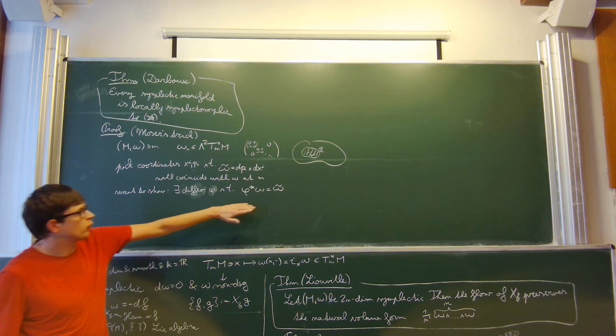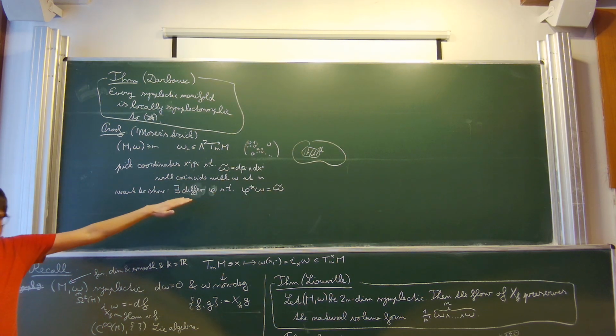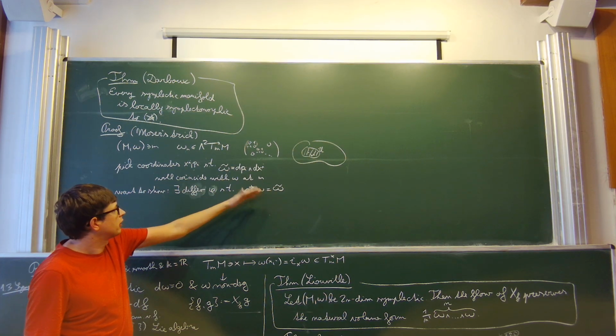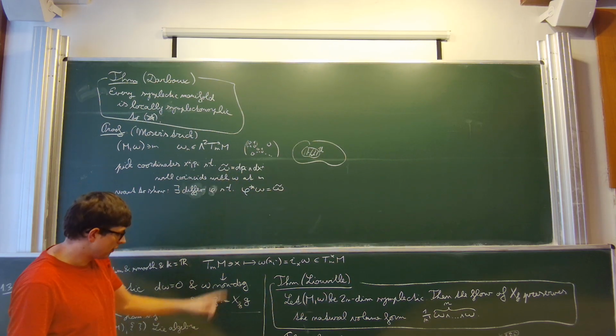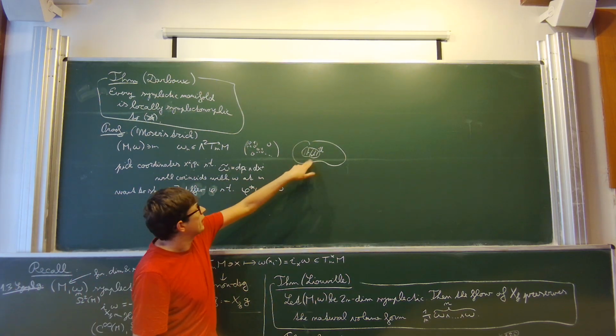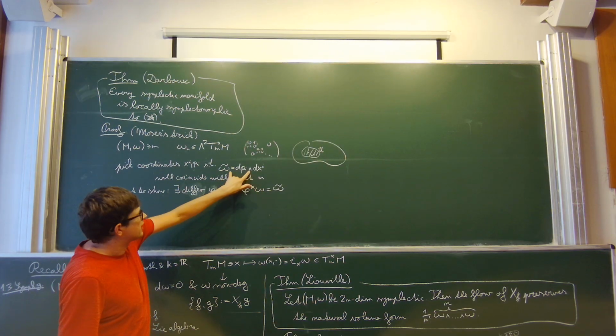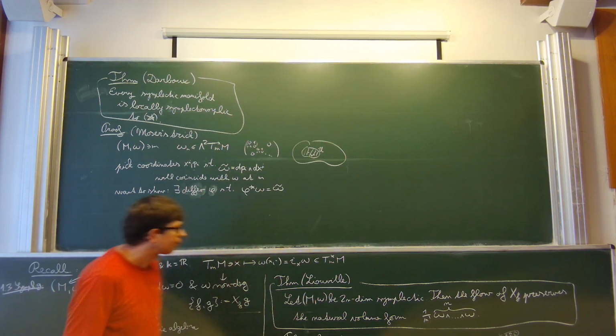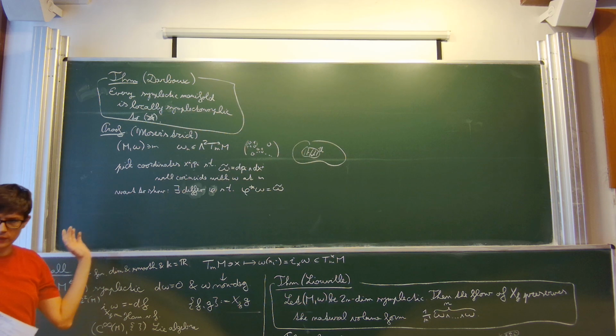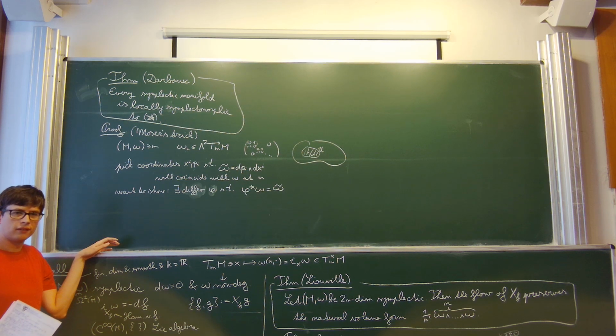And once we show this, then we are done. Because then we just show that on our patch, the original symplectic form, if I pull it back, becomes this thing. So it's precisely this local model in this chart. Okay, is that clear?